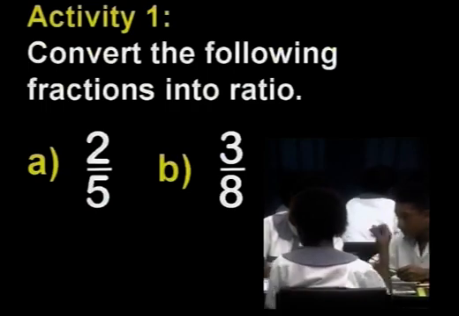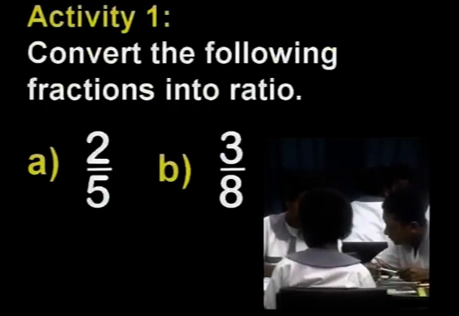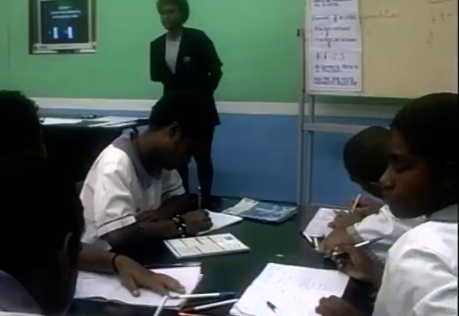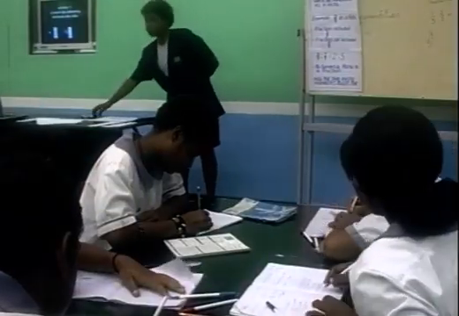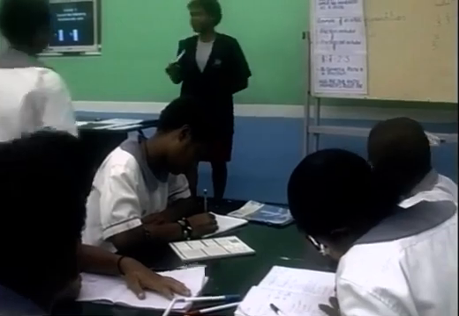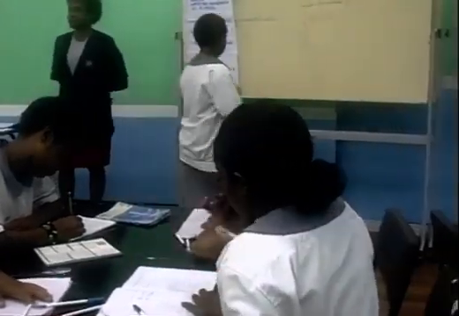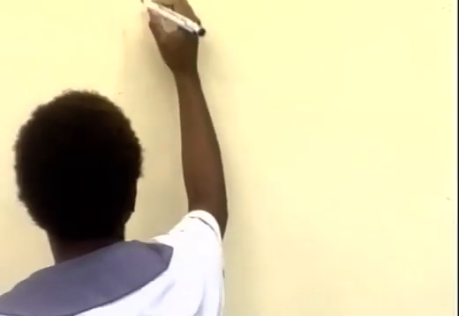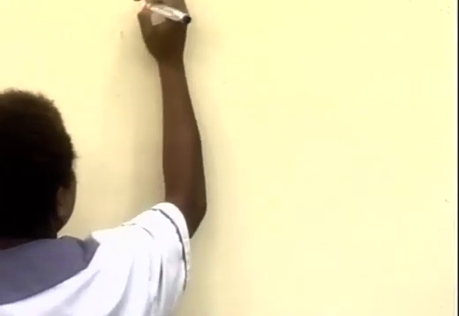Okay, let's go through the answers now. Can we have volunteers to come up to the front? Following the example, I would like you to show your working out on the whiteboard. Let's have Rachel. Can we have a boy? 2/5.